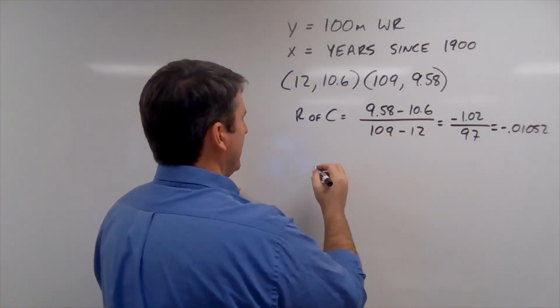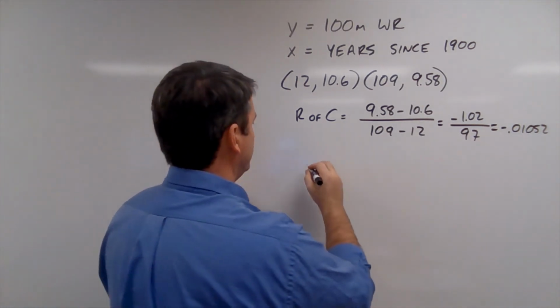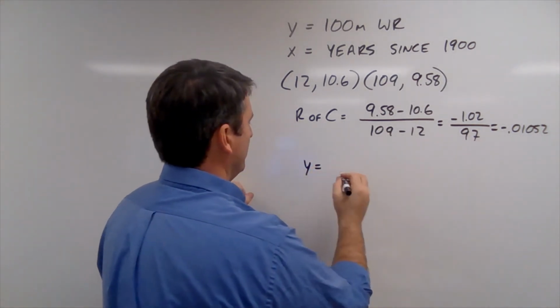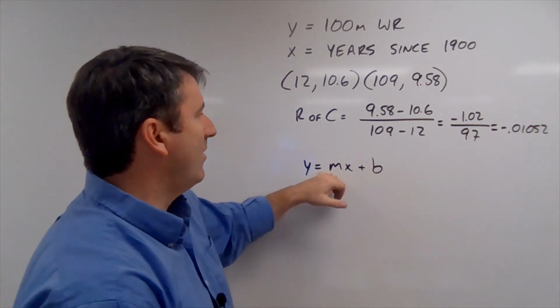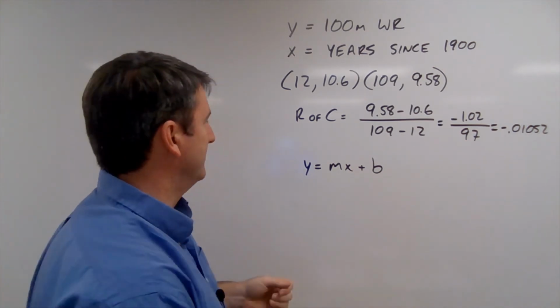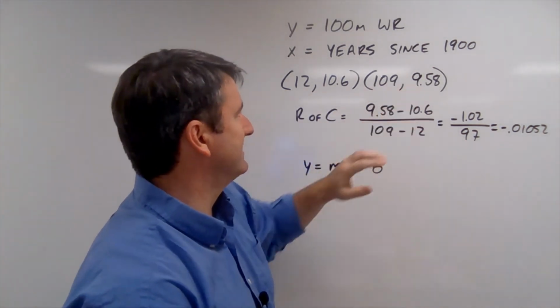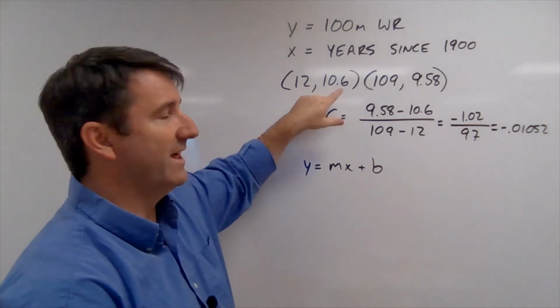Our second step is to find our initial value, and we're going to do that by using the formula y equals mx plus b, and we know m is negative 0.01052. We've got two data sets that we can choose from where we have an x value and a y value.